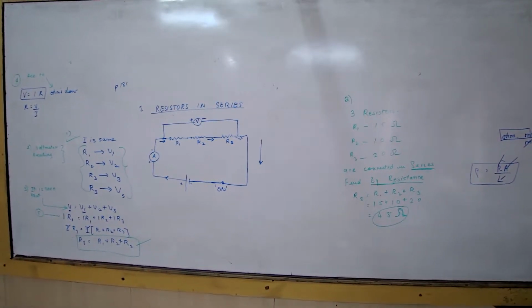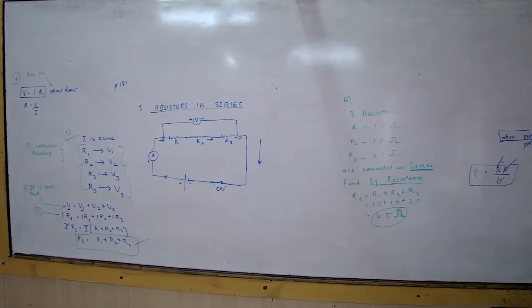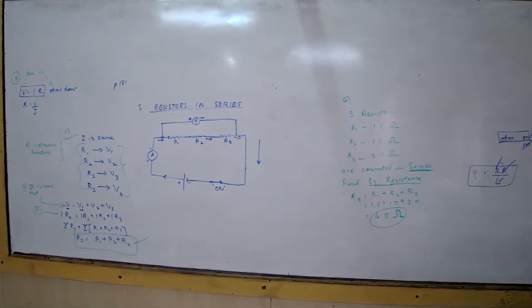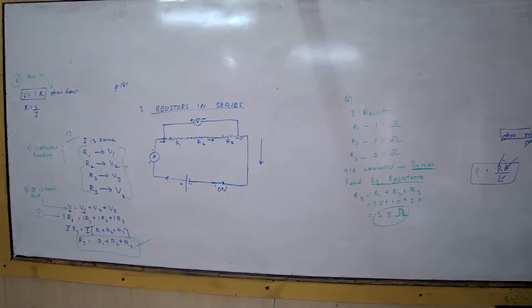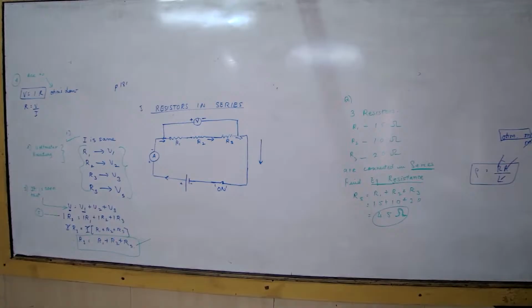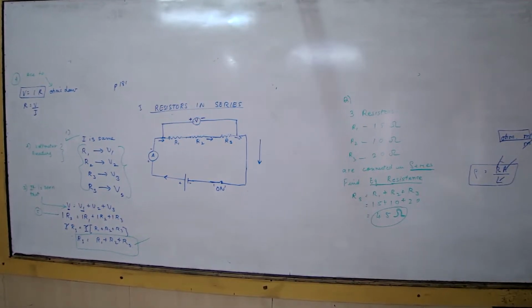When several resistors are connected in series, the resistance of the combination is equal to the sum of individual resistances, and it is greater than any individual resistance.